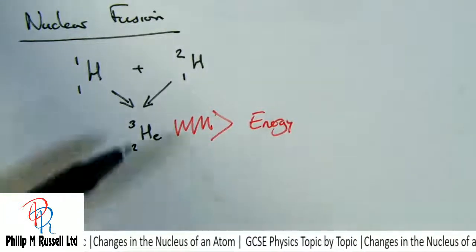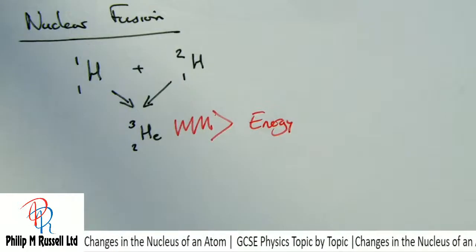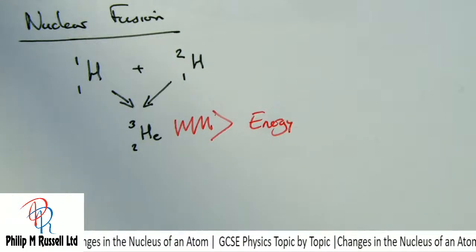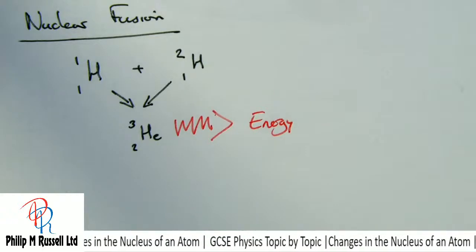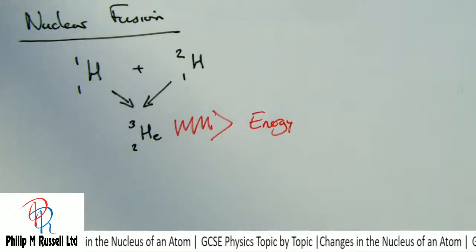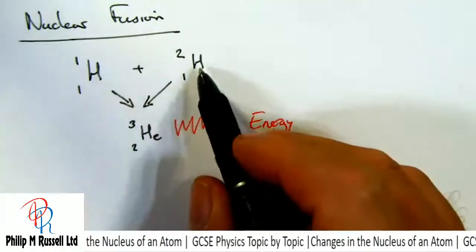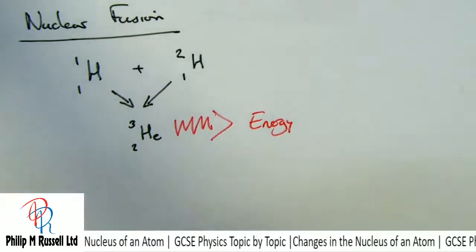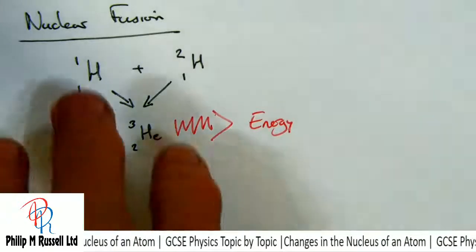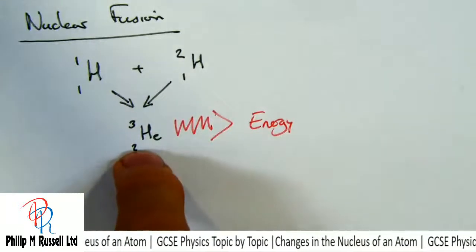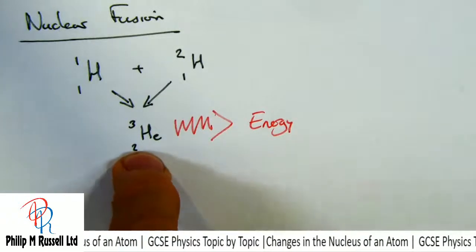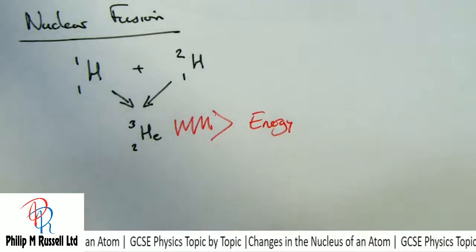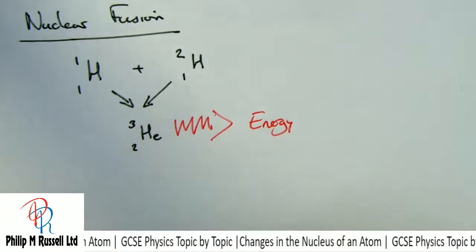Now, this doesn't make any radioactive material, so this looks like this is really useful. So we can take some hydrogen, some heavy hydrogen called deuterium, and we can make lots of helium gas, which we could use for all sorts of things. The helium is not dangerous, it's not radioactive, and this would be wonderful.